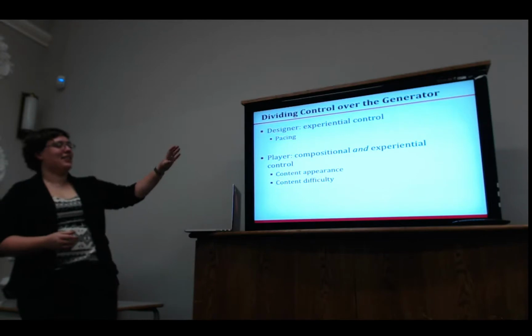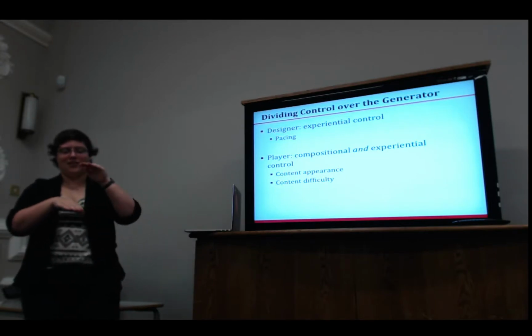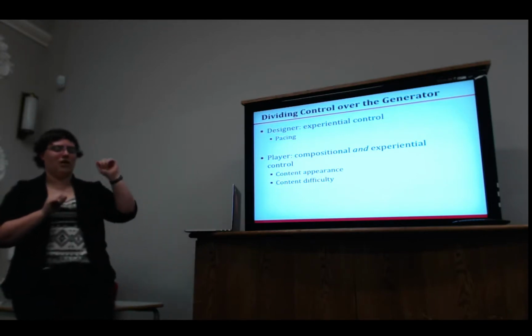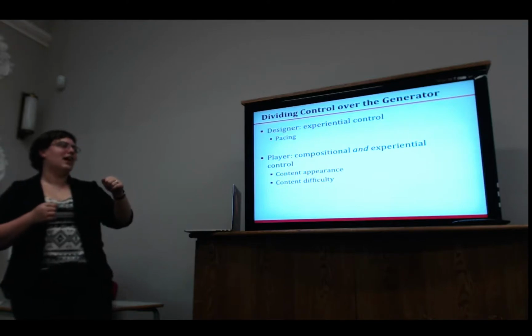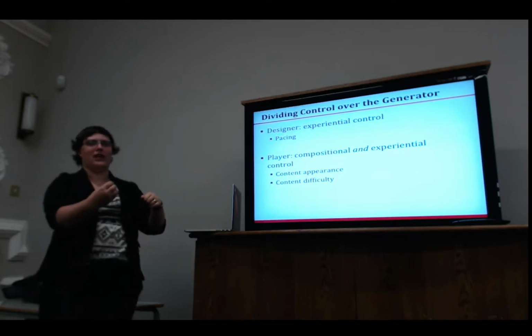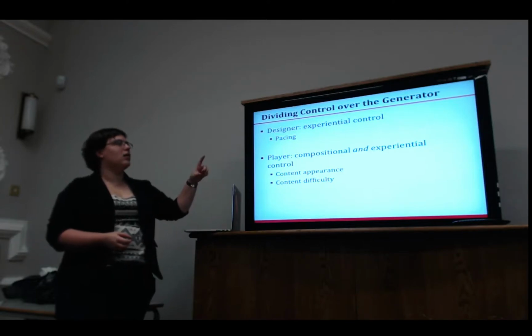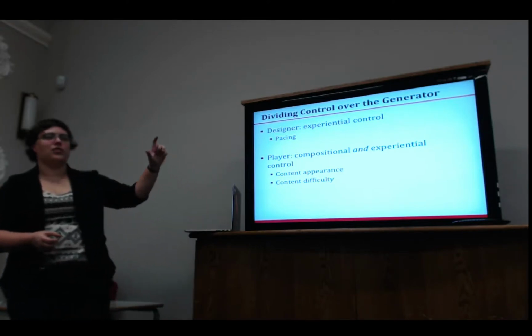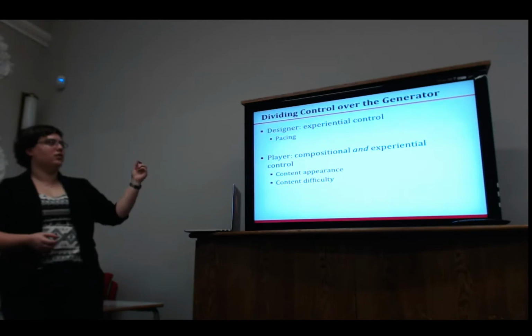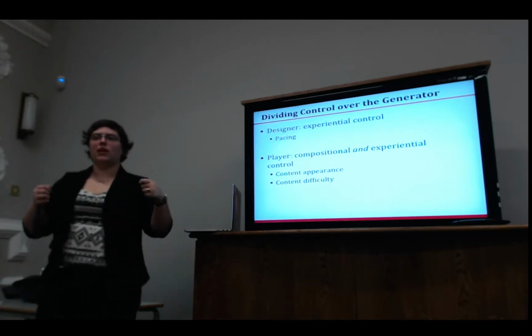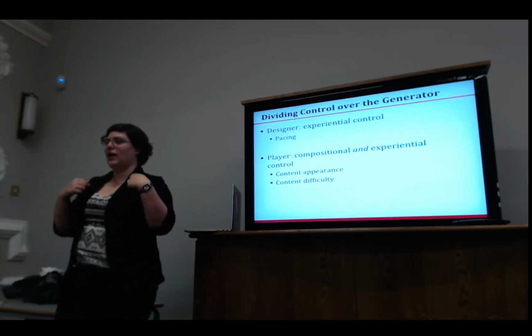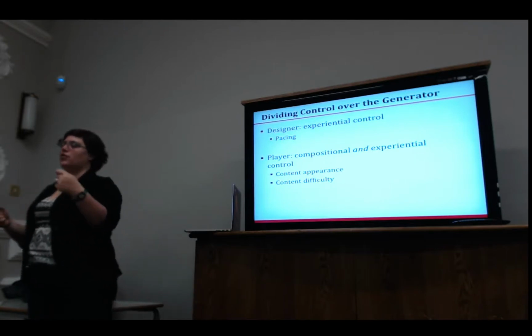So we ended up making this decision to handle this tension between wanting authored control from a designer and wanting player control over their experience by separating out experiential and compositional control. So we as designers of the game get to decide how the pacing is going to change over time.